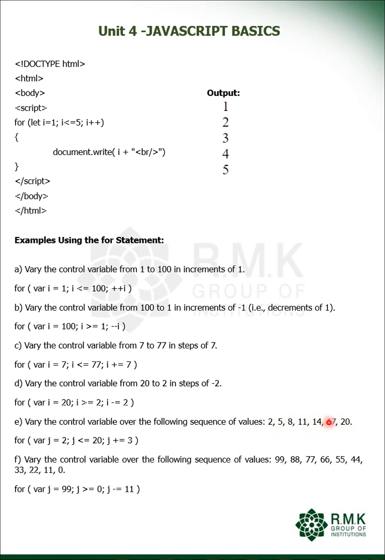So it is incremented by 3. It starts at 2, it ends at 20, incremented by 3. Next, it starts at 99 and ends at 0: 99, then 88, then 77, then 66. So decremented by 11 till 0. So j equal to 99 till it is equal to 0, decremented by 11.